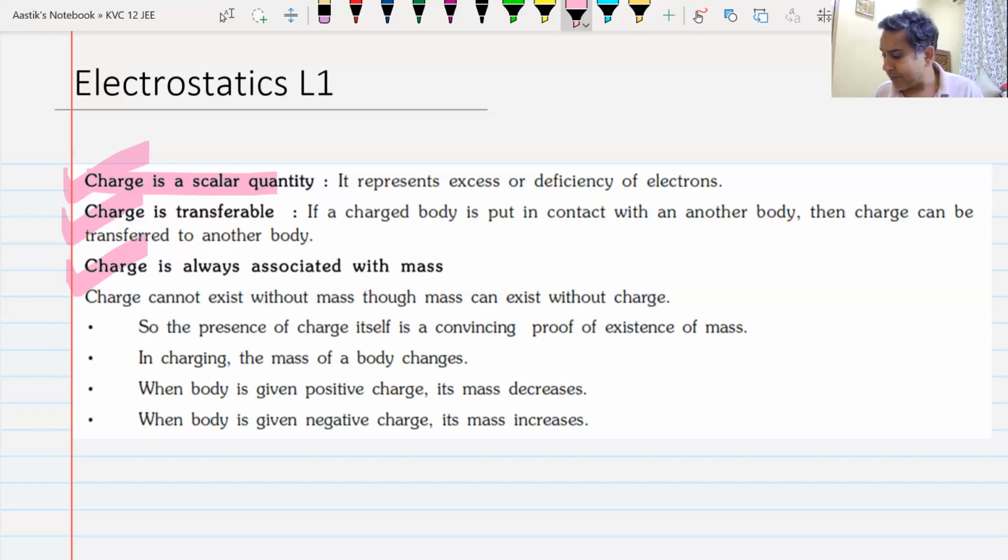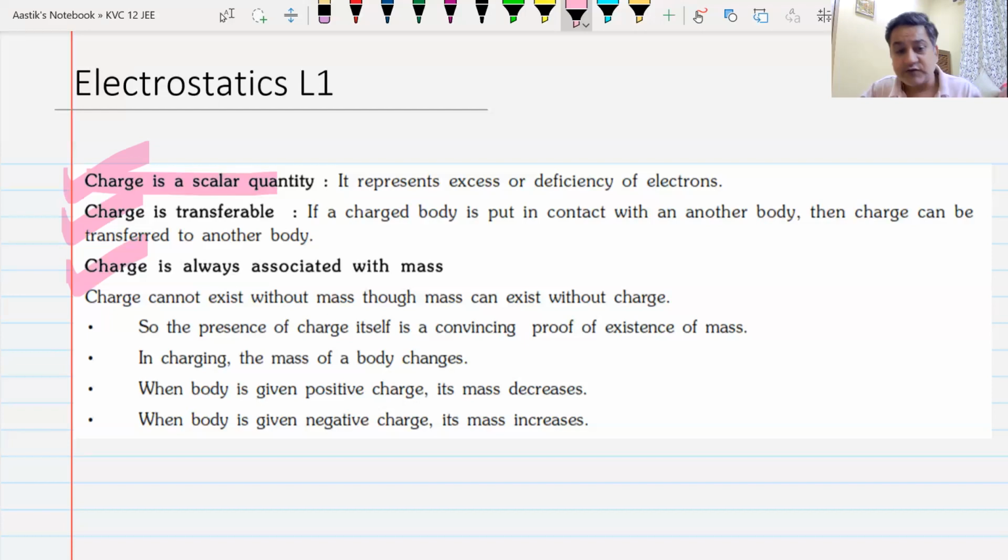Neutron, sir. A neutron does not have charge, but it has mass. So that is a body with no charge. So mass can exist without charge, but charge cannot exist without mass, because the most fundamental quantity of charge that we have is the charge of an electron. An electron or proton has mass. So charge cannot exist without mass, but mass can exist without charge.